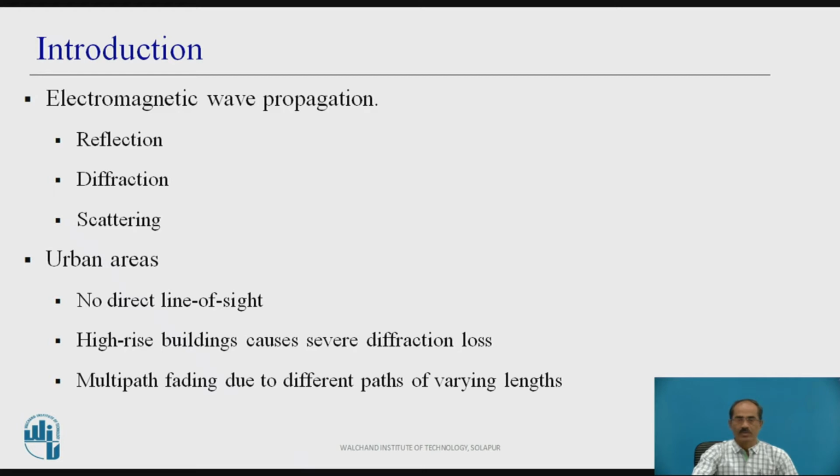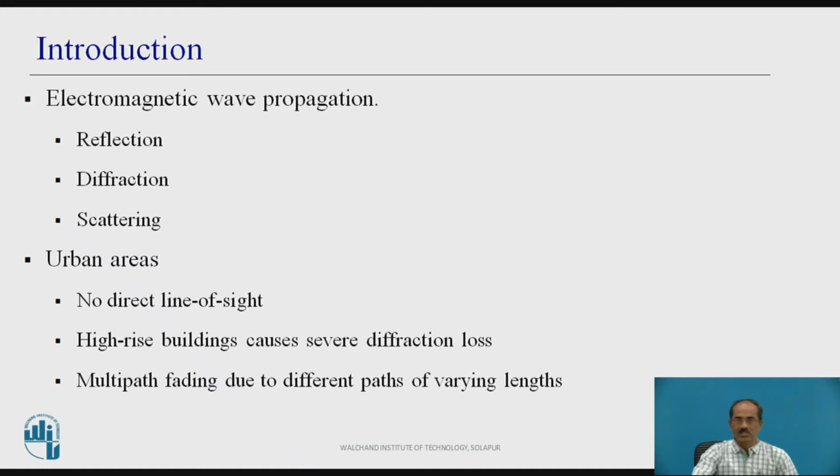When there is no direct line of sight path between transmitter and receiver, and the path is obstructed by buildings, mountains and foliage, electromagnetic wave propagation has several effects: reflection, diffraction and scattering.